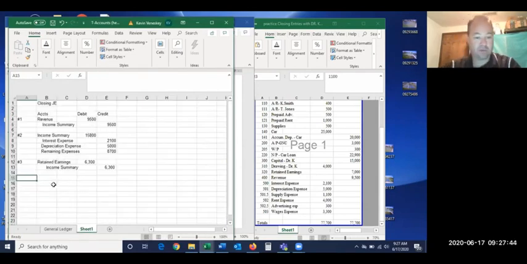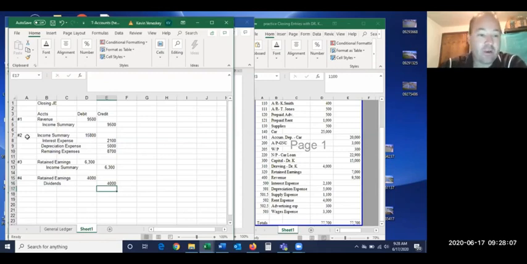So let's go ahead and do our journal entry. We're going to debit retained earnings. That's what we did in our T account. Credit the dividends.